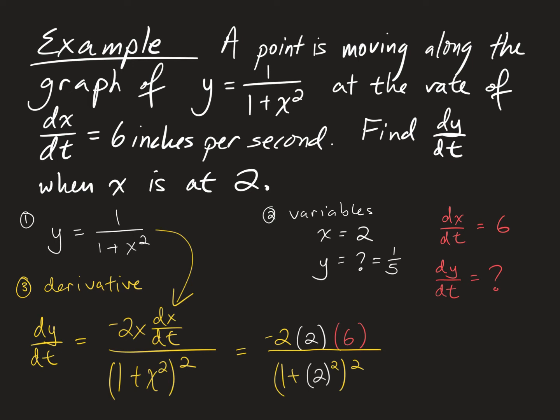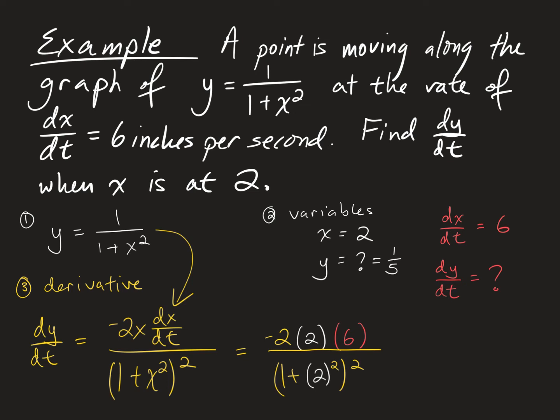Like this. So I substituted the 2 in for the x, I substituted the 6 in for dx/dt, and I substituted 2 in for the x in the denominator as well. Now you might have noticed that we did not use the y value here, but we had it at our disposal in case we needed it.